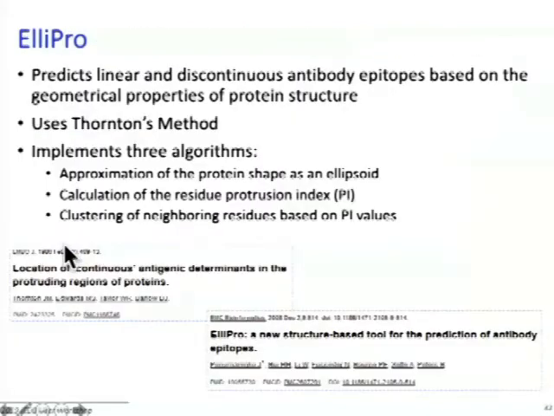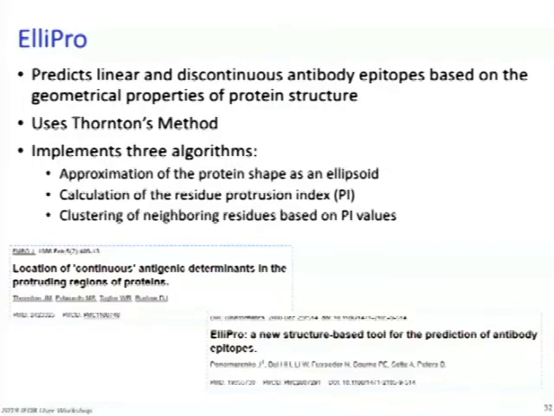The ElliPro method is an implementation of what Janet Thornton originally suggested, which is a geometric interpretation of what properties are associated with epitope antibody binding sites in proteins. Namely, you can always approximate a protein as an ellipsoid.